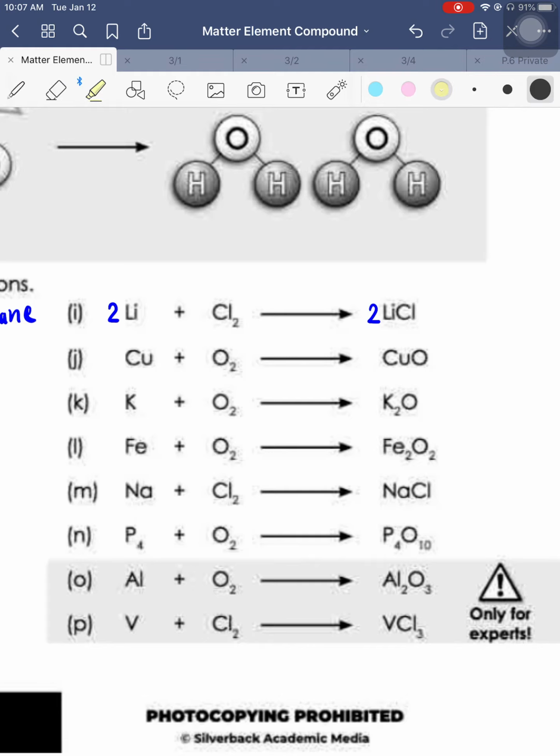Next, oxygen 2. I put 2 with this, and copper will be 2. It's correct. How about this one? Oxygen 2. Oxygen will be 2 and potassium will be 4, so you just put 4 in front of potassium.